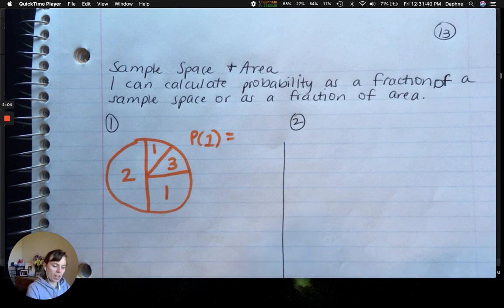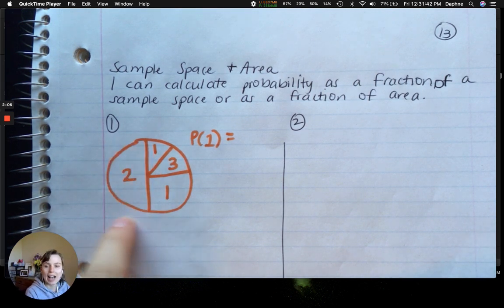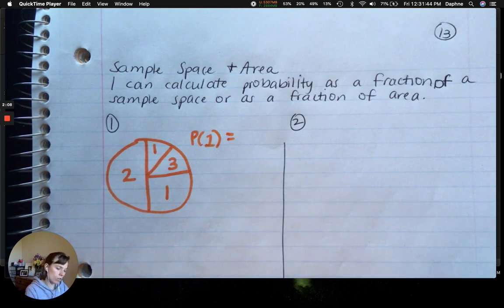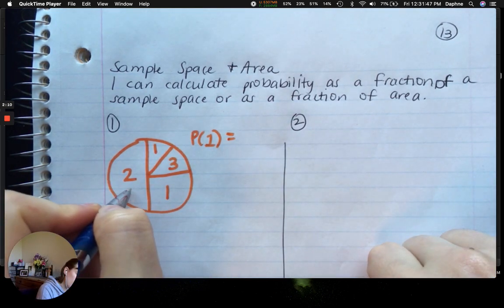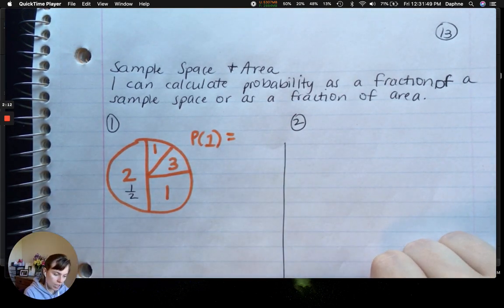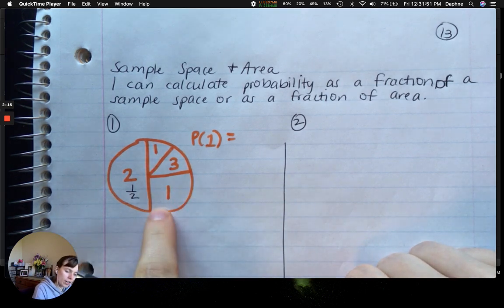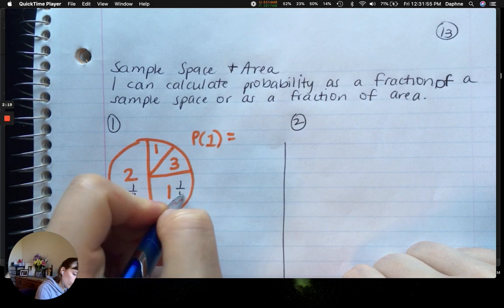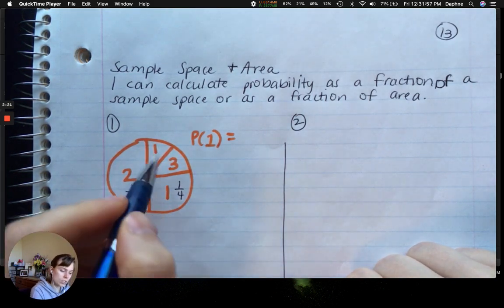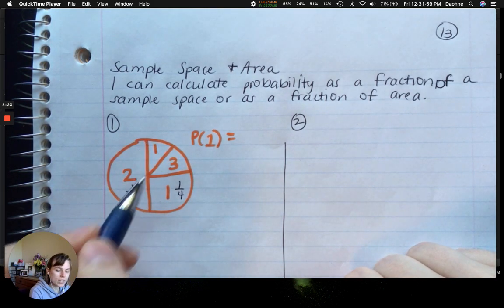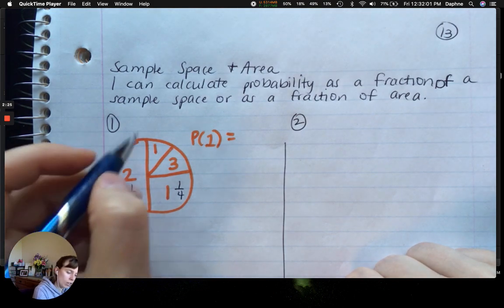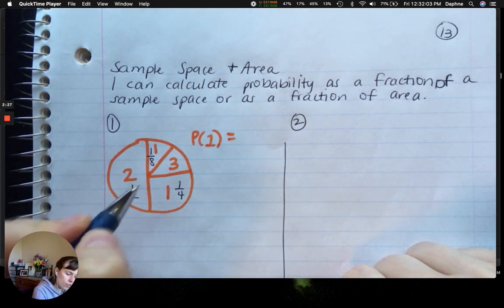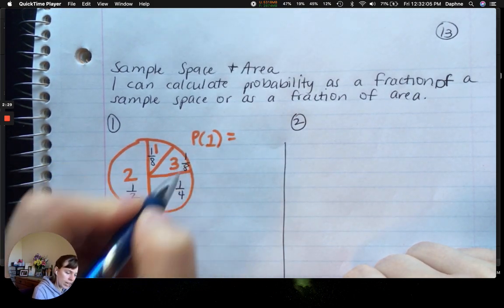This 2 is half. This 1 right here is half of a half, which is a quarter. So this is another quarter. But then what's half of a quarter? An eighth, and this 3 is also an eighth.